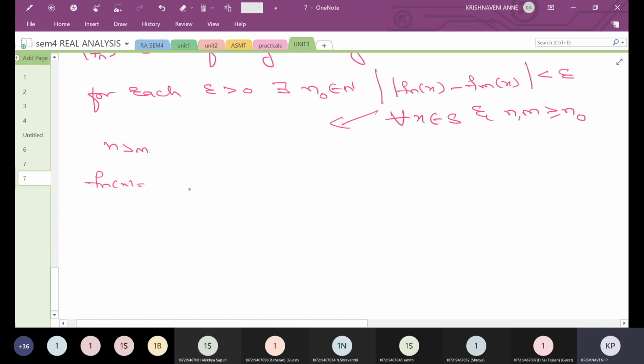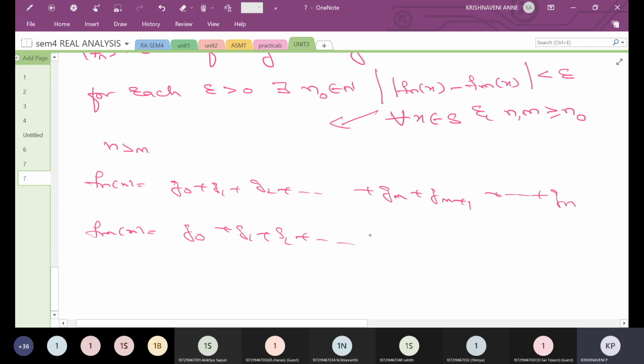Fn of x is nothing but g naught plus g1 plus g2 plus so on plus gm plus gm plus 1 plus so on plus gn, and Fm of x will be g naught plus g1 plus g2 plus so on plus gm. So when I take Fn minus Fm, modulus of this, g0, g1, g2, up to gm all get cancelled. And what is left over? Gm plus 1 up to gn is left over, isn't it?